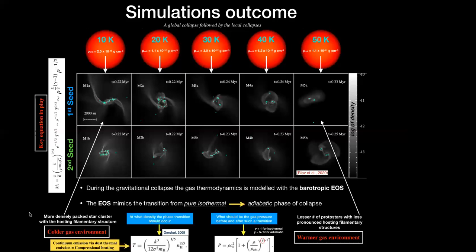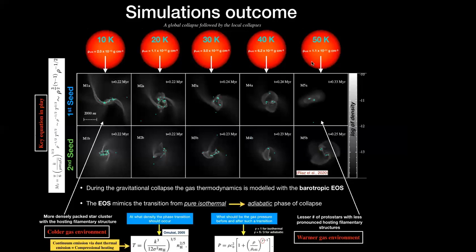So this is the immediately apparent outcome: when the CMB regulates the temperature and assigns a temperature of 10 Kelvin, you expect that this contribution of the CMB is responsible for producing filamentary structures which will fragment and form quite a number of protostars.